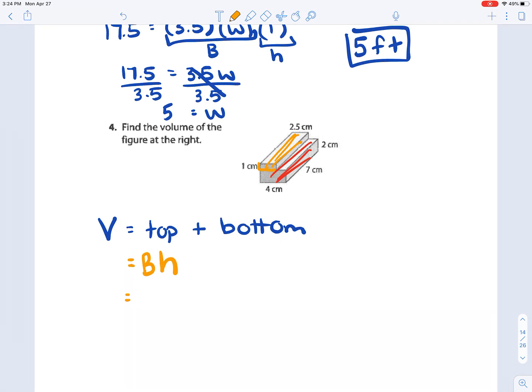So I see the base is right here. My base is 1 centimeter by 2.5. So my area would be 1 times 2.5. The height goes from the base to the other base. Well, in order for these stairs to stack like they do, if the bottom is 7, this is also 7.